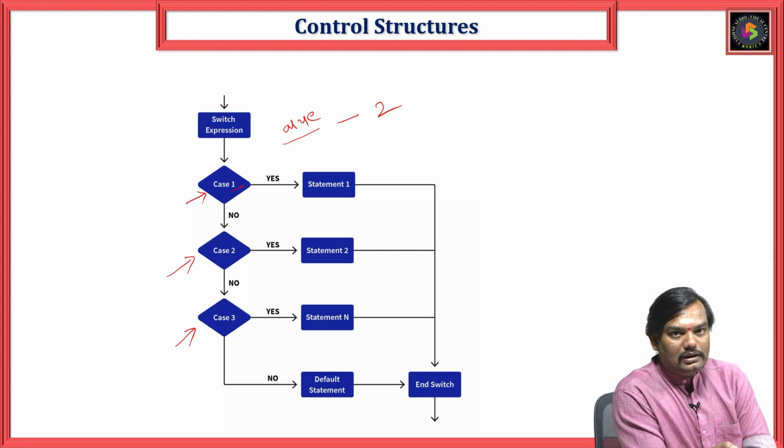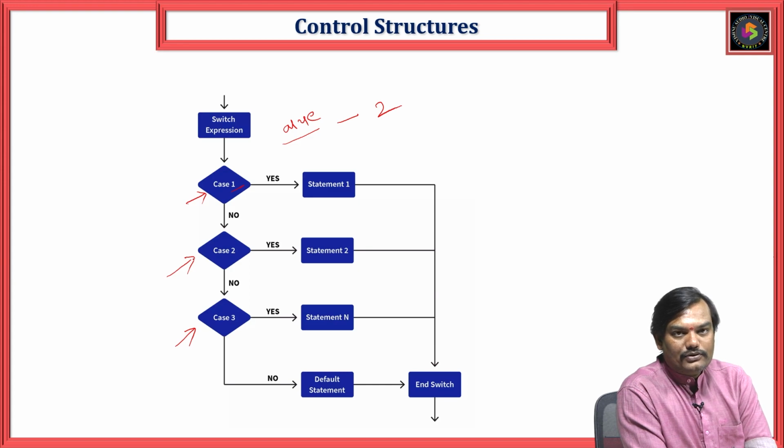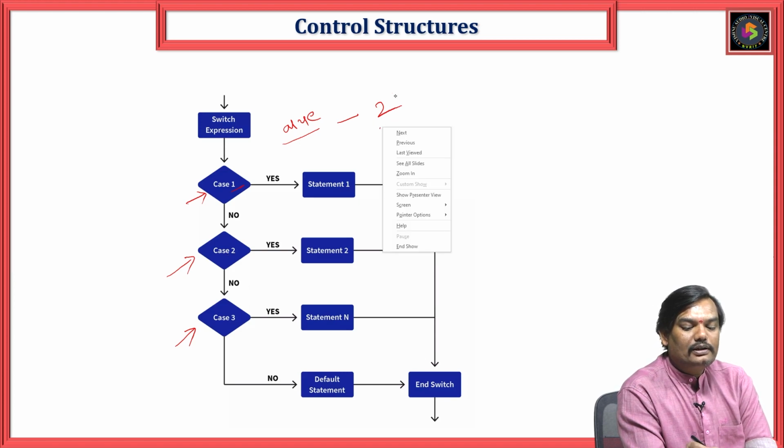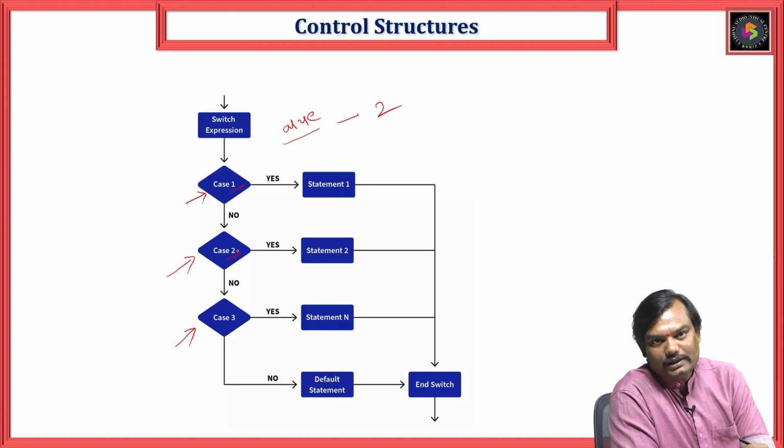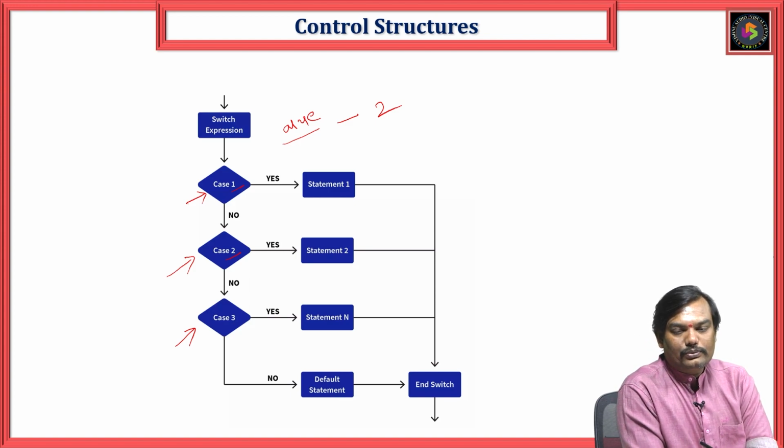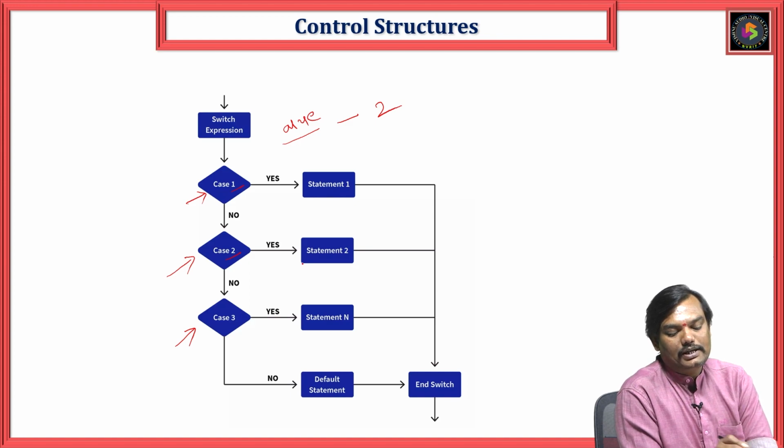So the control will be transferred to the next case value. The switch will compare the case value 2. When we compare the second case value, the expression value and case value match each other. Then the switch will decide to execute the statements associated with this particular case.